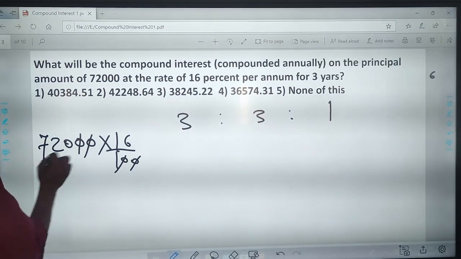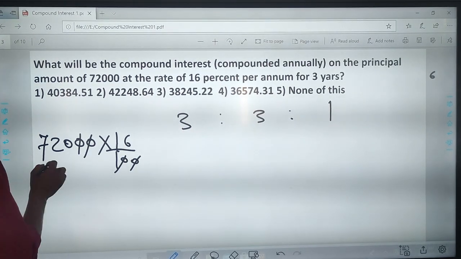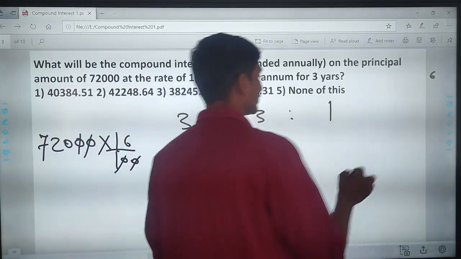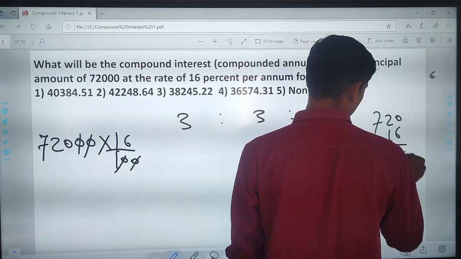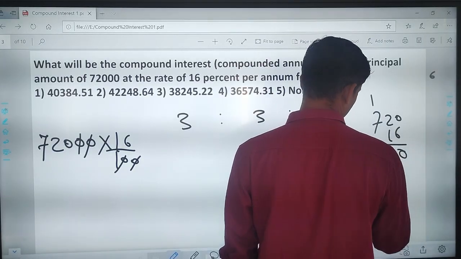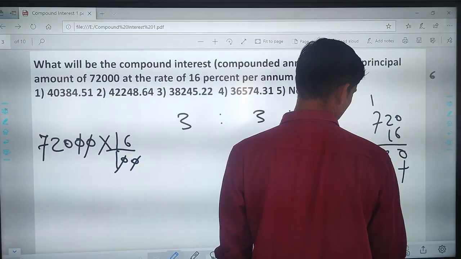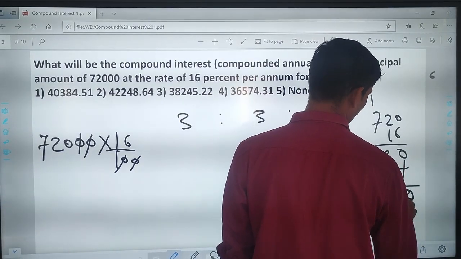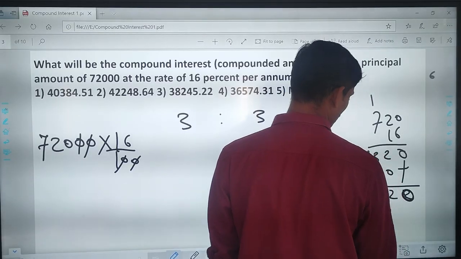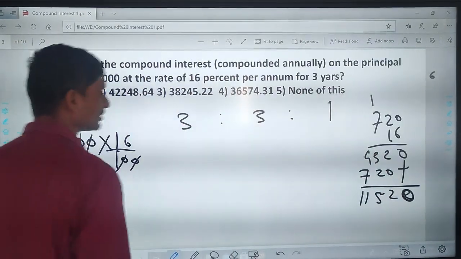Here we take the multiplication of these two, 720 into 16, which is 11,520.